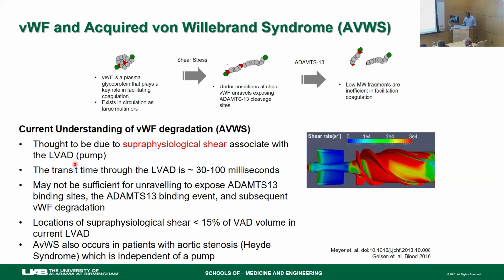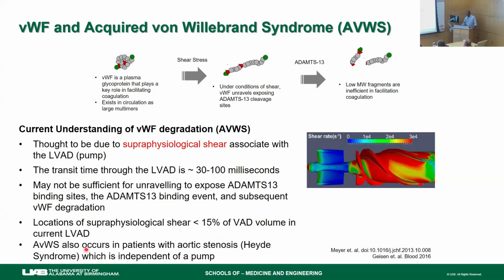But we were a little skeptical about this because the transit time through these is about 30 to 100 milliseconds, and it may not be sufficient for this unraveling process to take place. Also, if you look at the locations within this device where you have the supraphysiological shear, it's less than 15% of the device, and with HeartMate 3, it's even less than that.